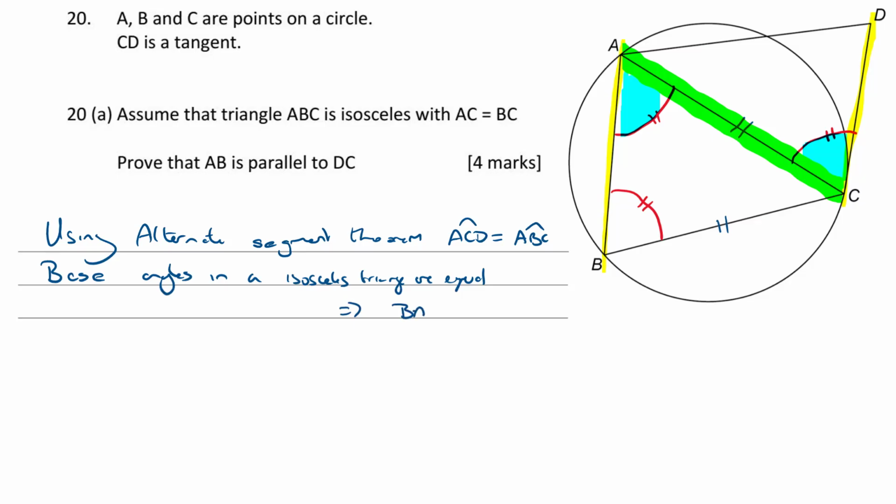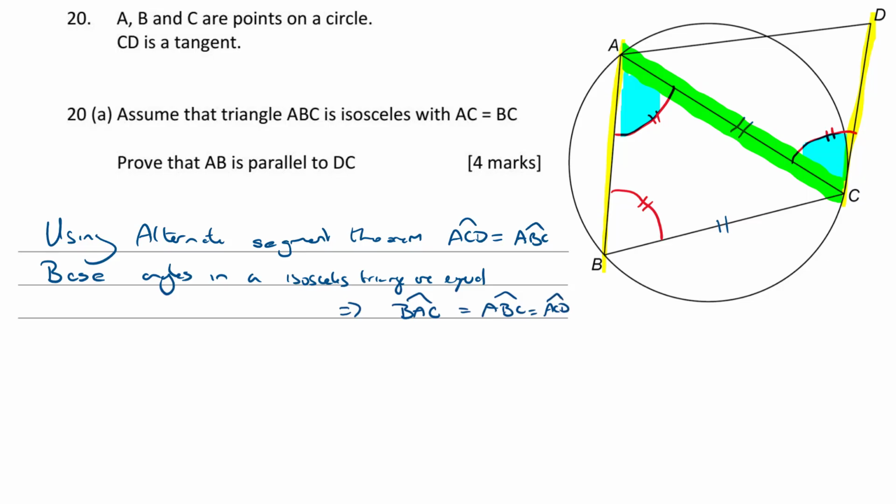So BAC is equal to angle ABC, which is also equal to ACD. All three of them are equal to each other.